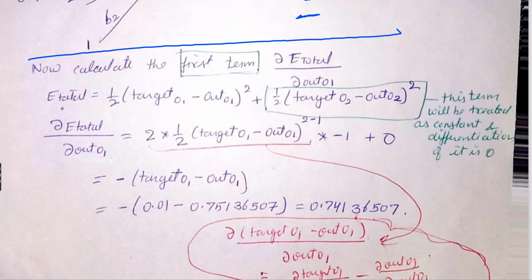E total, we know, is 1 by 2 (target of O1 minus output of O1) whole square plus half (target of O2 minus output of O2) whole square. When we differentiate it, we will get the value.